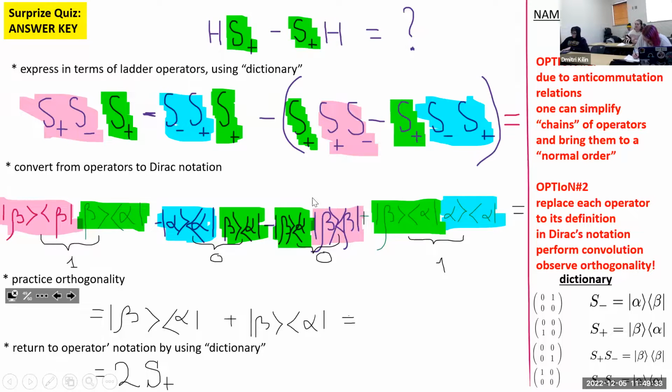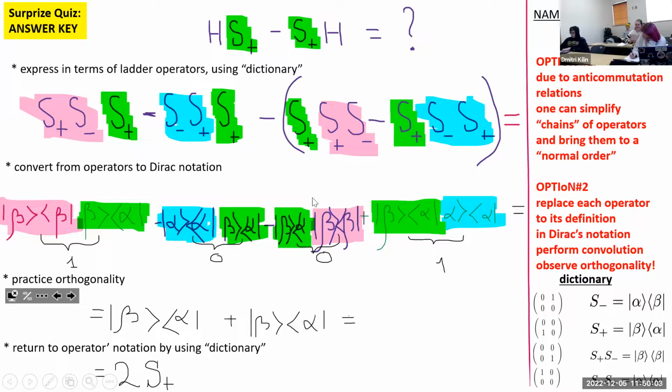So the greenish thing comes from S plus, pink and cyan come from the Hamiltonian. The Hamiltonian comes once here, another time there, right? When we convert the S plus, S minus, and S plus according to this dictionary, we'll get, see here, beta, beta, beta alpha, alpha, alpha, beta, beta, beta, alpha, beta, beta, beta, alpha, alpha.